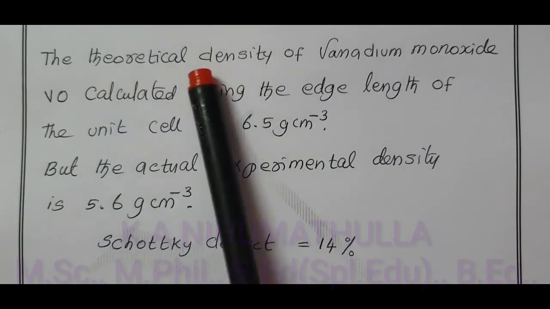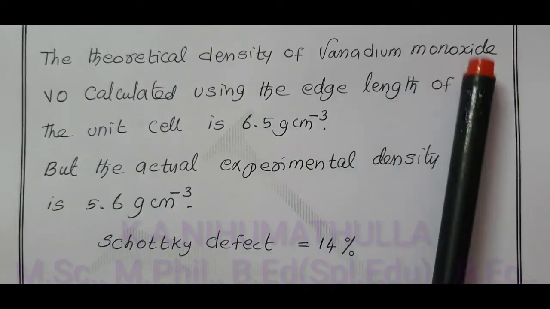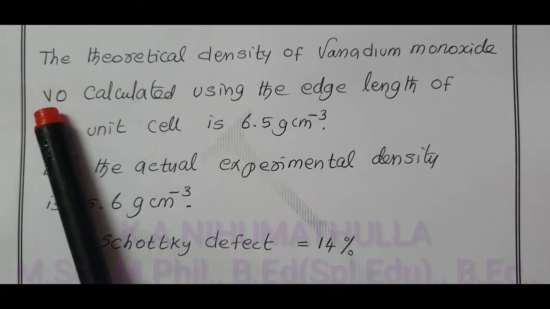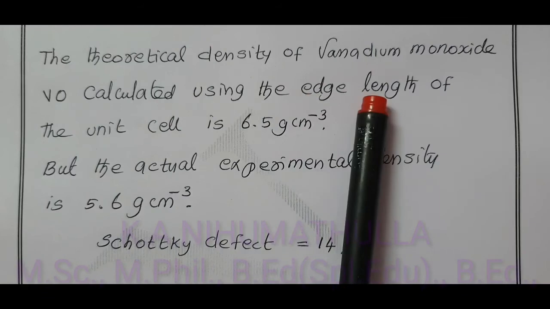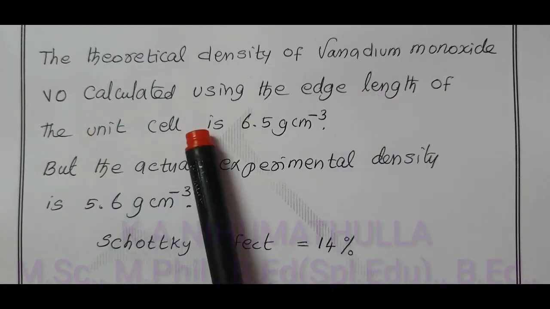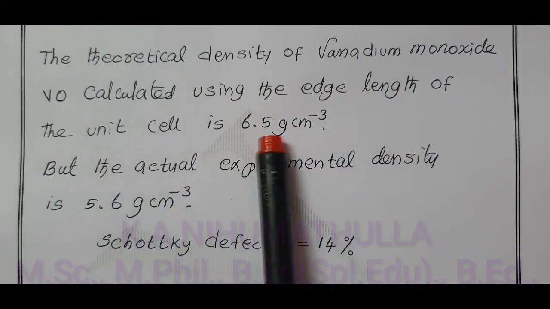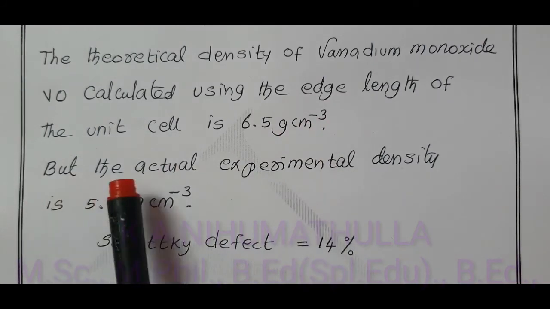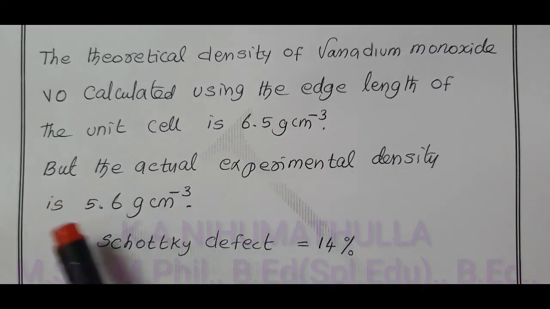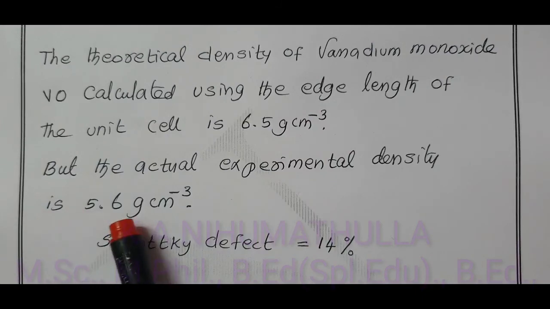The theoretical density of vanadium monoxide, VO, calculated using the edge length of the unit cell is 6.5 gram per centimeter cubed. But the actual experimental density is 5.6 gram per centimeter cubed.